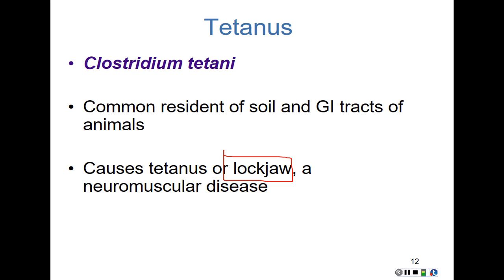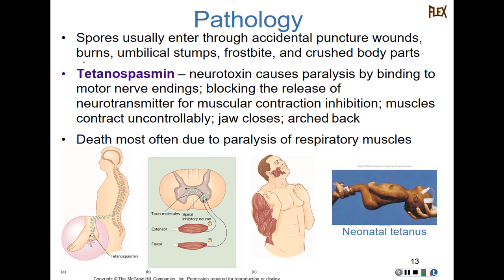And it's neuromuscular, like I was saying. This organism produces a neurotoxin, and that neurotoxin affects neuromuscular junctions. So basically, muscles can contract, but they can't relax.